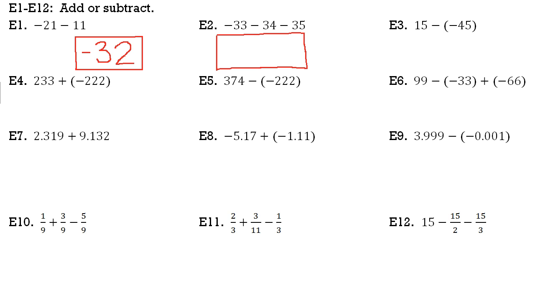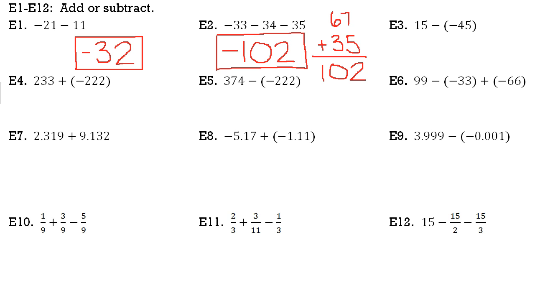You owe $33 and $34 and $35, so if you want, you can go through the process. 33 and 34 make 67, and then you've got 35 more. So if we add the total amounts together, we get 102. And since all of the amounts were negative, that means we are at negative 102.